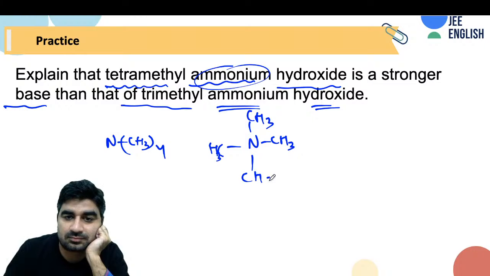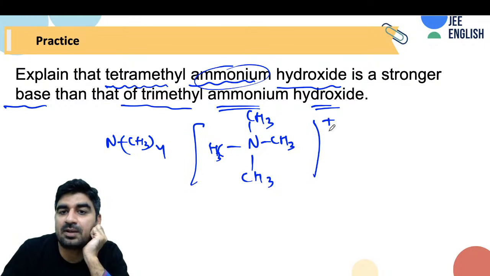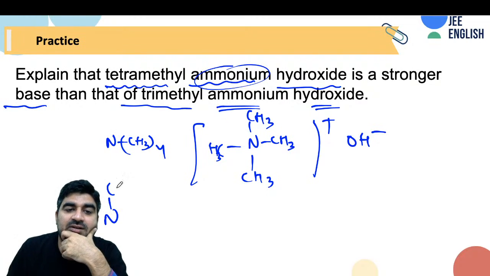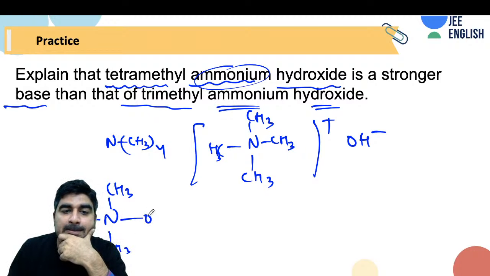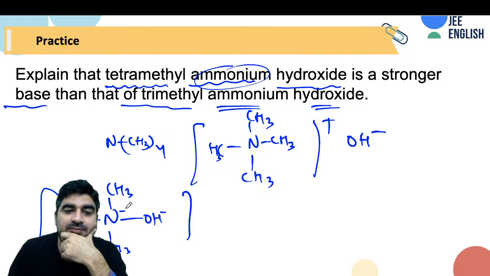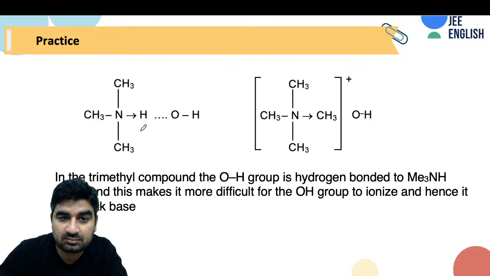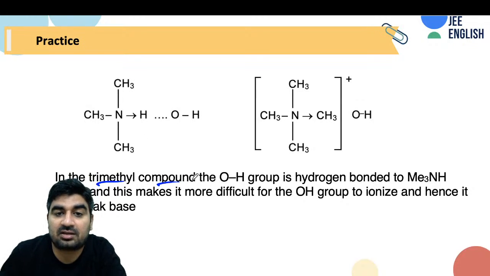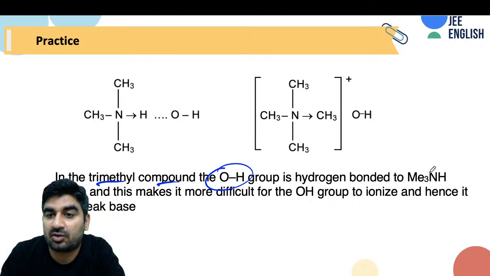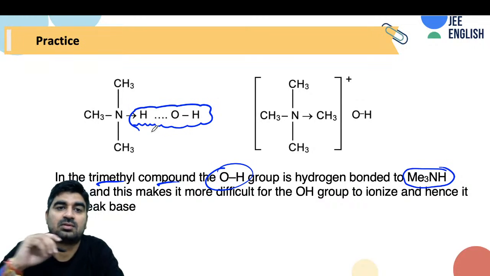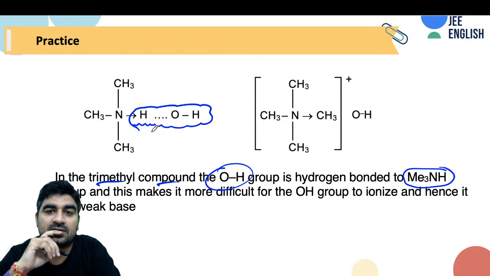H3C, it will be plus OH minus. And in trimethyl, got it? So in the trimethyl compound, the OH group hydrogen is bonding to the N-H.